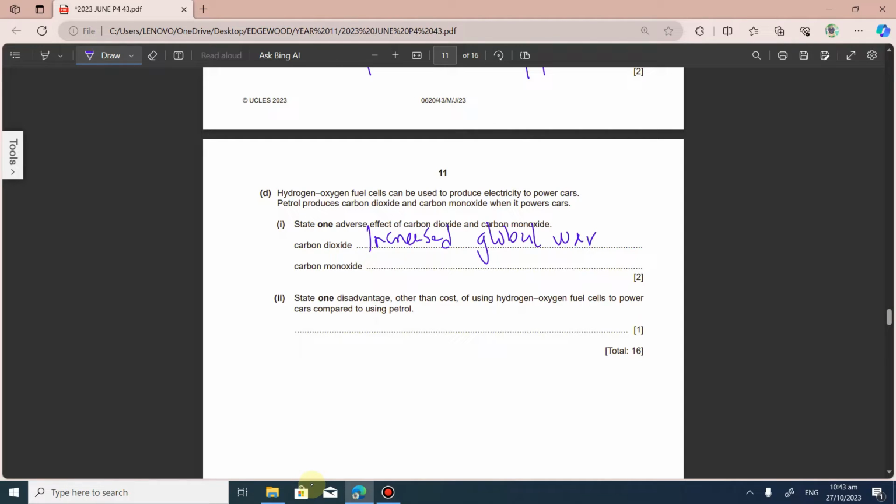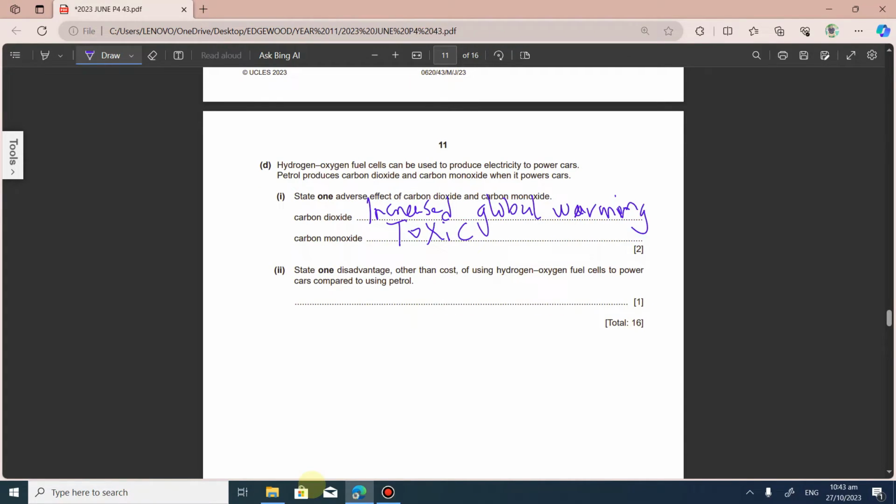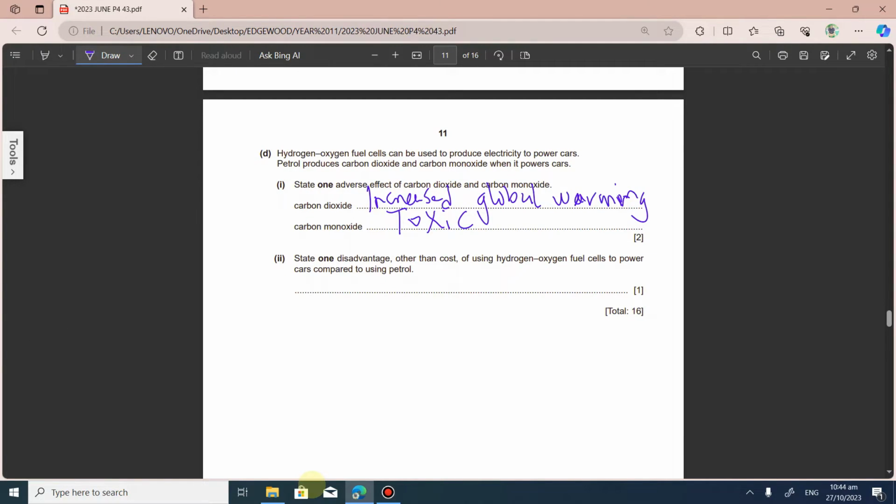And one effect of carbon monoxide is that it's toxic, and therefore it could lead to respiratory problems.